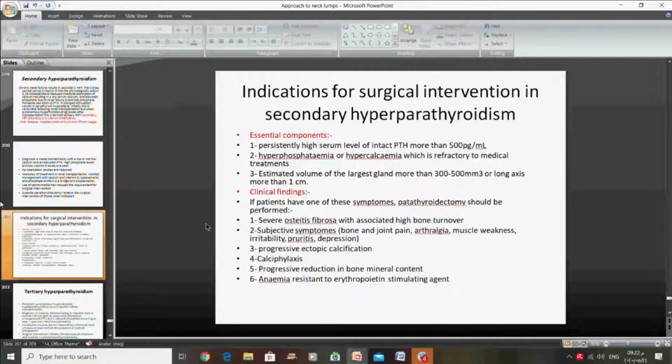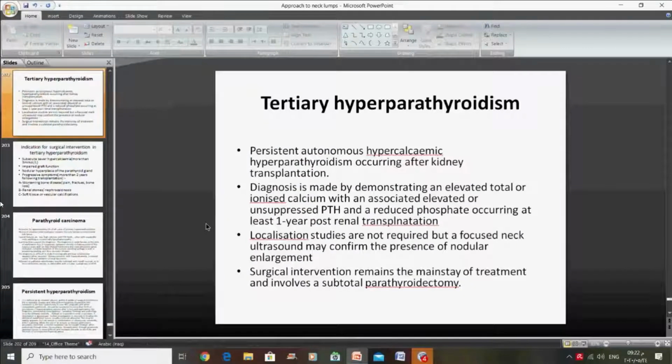If the patient has one of these symptoms, parathyroidectomy should be performed: severe osteitis fibrosa with associated high bone turnover, subjective symptoms, bone and joint pain, arthralgia, muscle weakness, pruritus, progressive ectopic calcification, calciphylaxis, progressive reduction of bone mineral density, anemia resistant to erythropoietin.